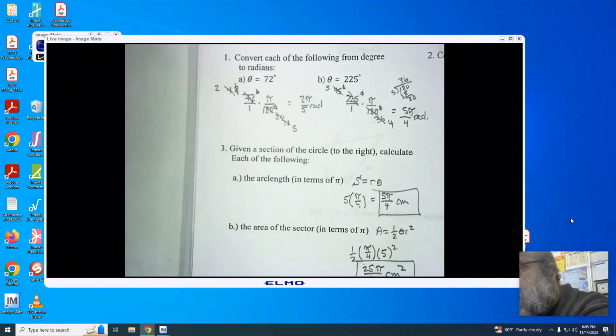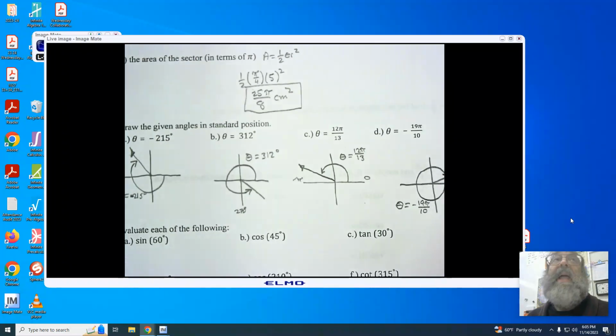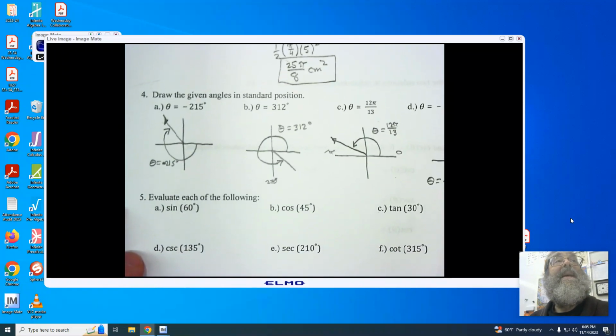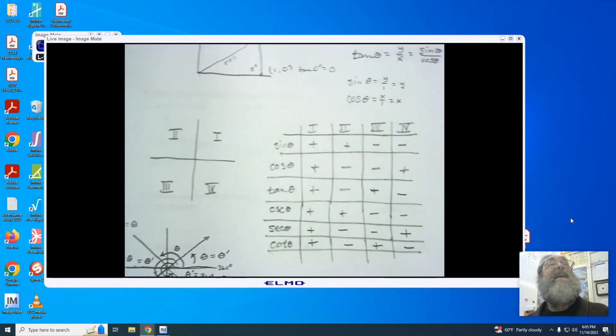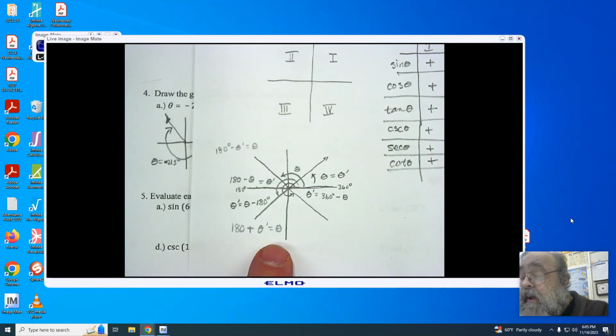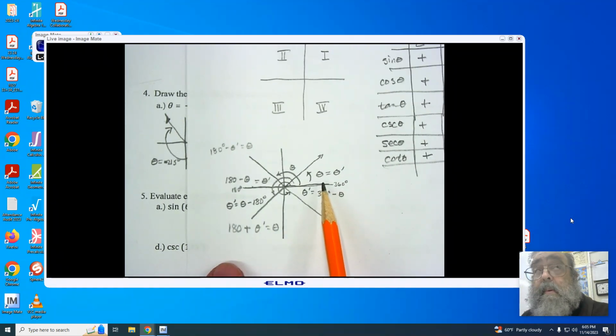This brings us now to the last part of this, and this is finding our ratios working with sine, cosine, tangent, secant, cosecant, and cotangent. Now, you will recall that when we are working on this material, we're going to have to follow this information. So we're going to be dealing with degrees, and in degrees, we know that our theta is theta prime.